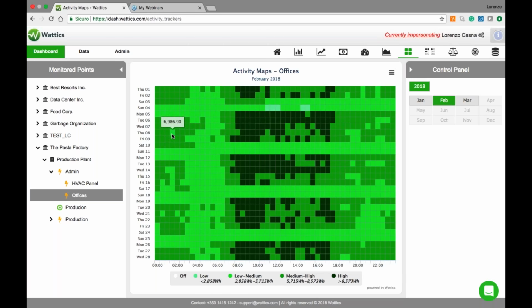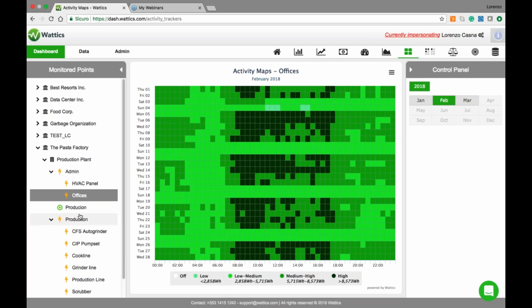It's likely that some lighting has been left switched on, or that something is working in a way that we don't want. So there is room for some wastage there. This is a meter that we want to keep an eye on.